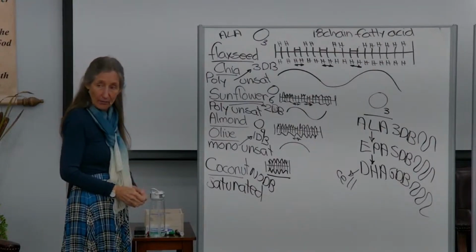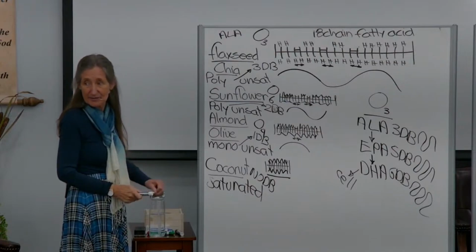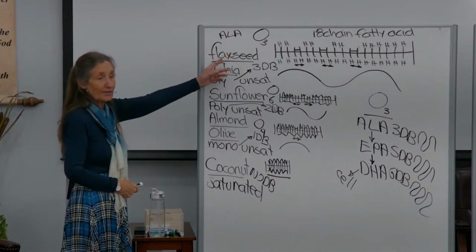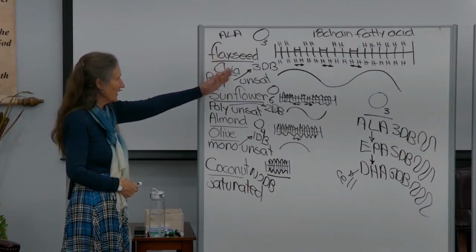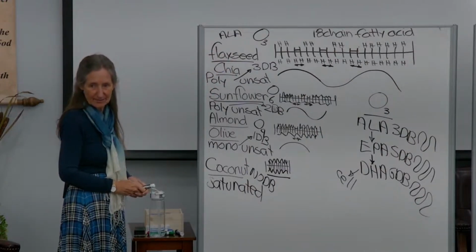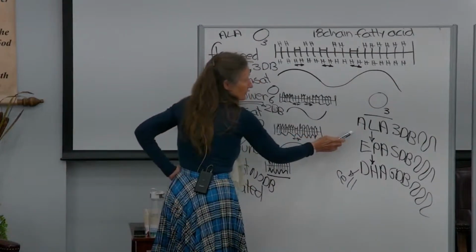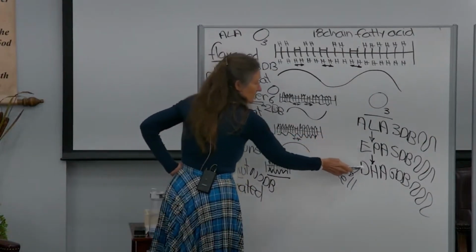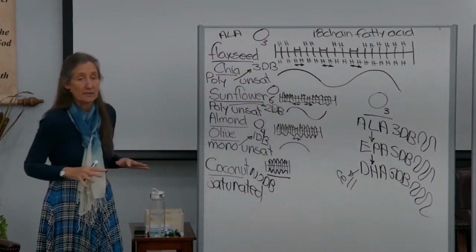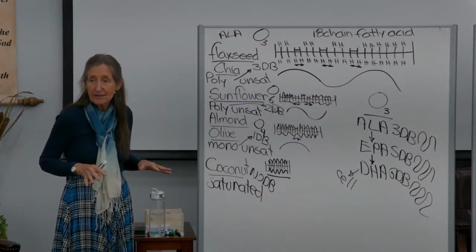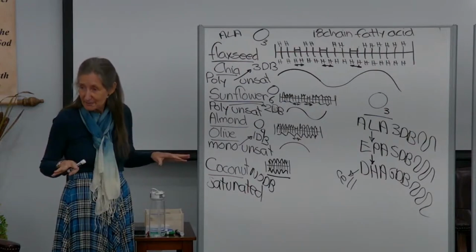So, knowing that, I believe it's far better to get our omega-3 from grinding up the flaxseed, using the chia seed. But the ALA converting to the EPA, converting to the DHA is inhibited if the person's dehydrated, if the person's having too many stimulants.